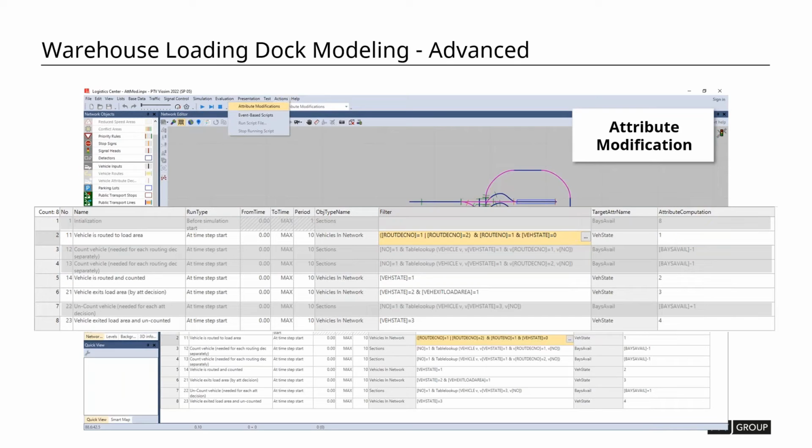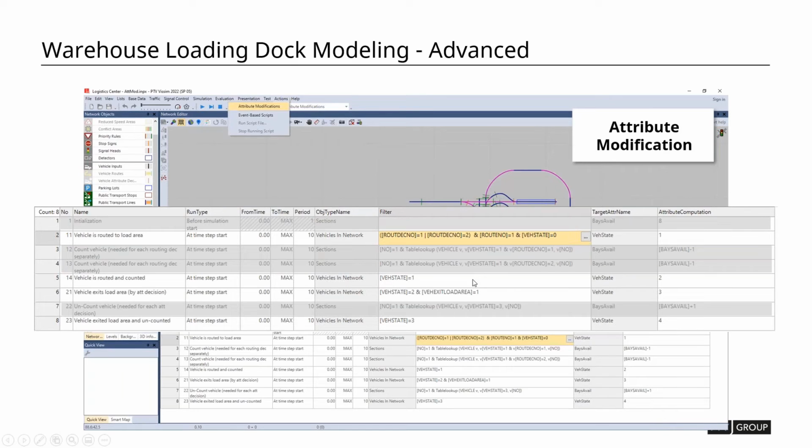Attribute modification consists of two big parts. One part is to update the vehicle status. First of all, when a vehicle is entering the network, that vehicle state user-defined attribute is set to 0 or null, which means there's no data assigned to it. By the time those vehicles are entering and crossing routing decision number 1 or 2, which I'm going to show you what that looks like, if the route number is equal to 1 and it doesn't have a state, it will assign vehicle state number 1 like it is shown here.